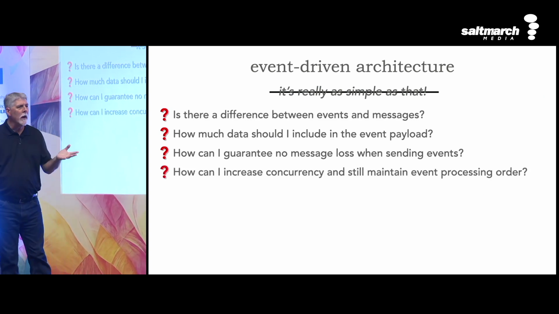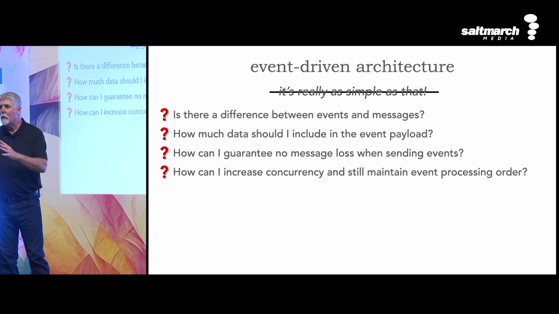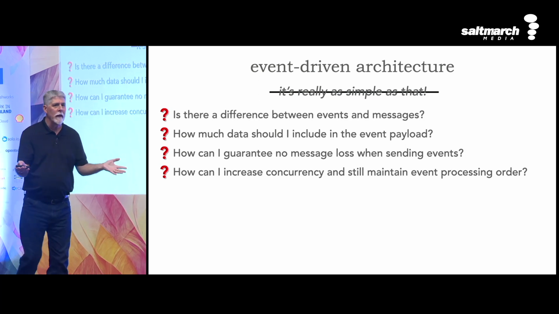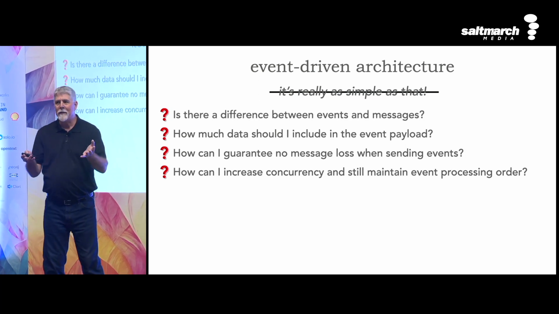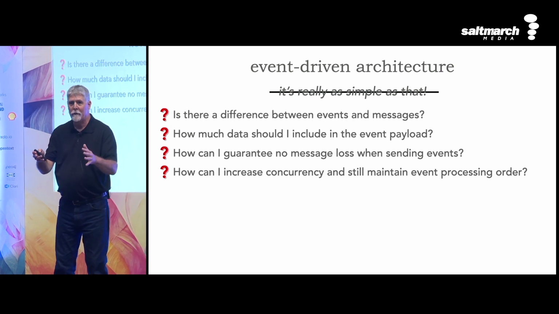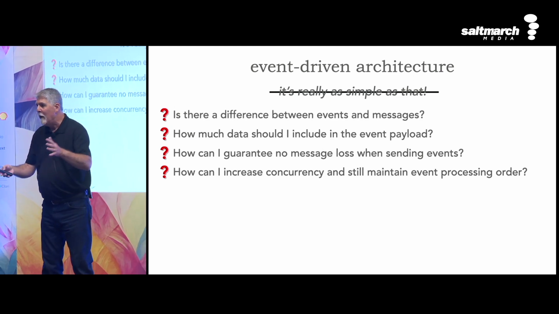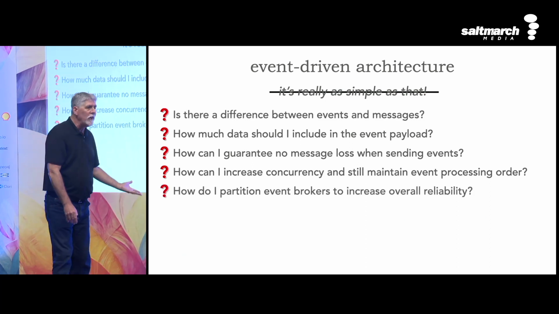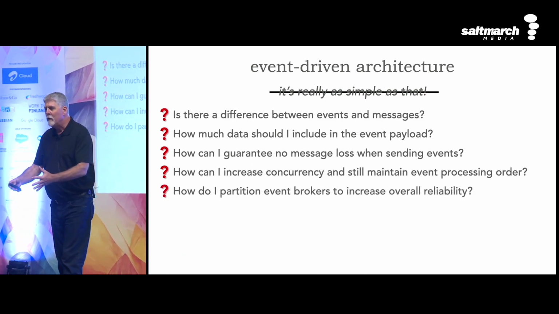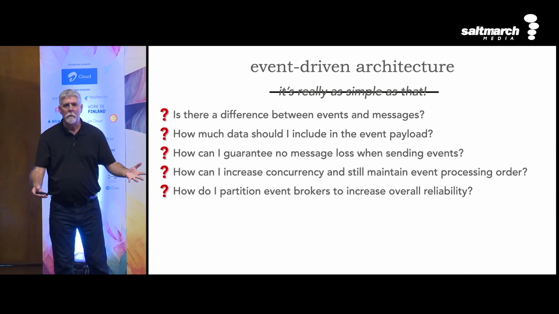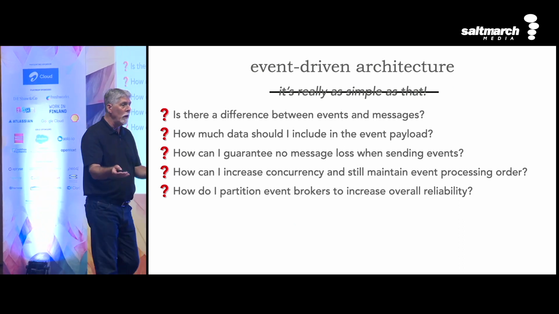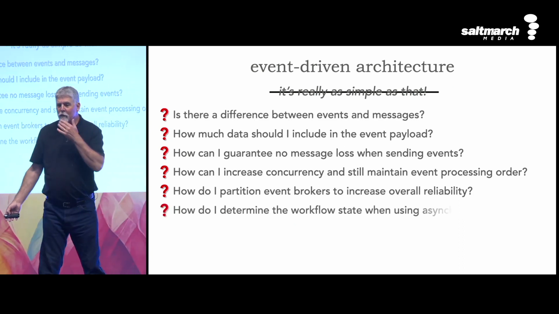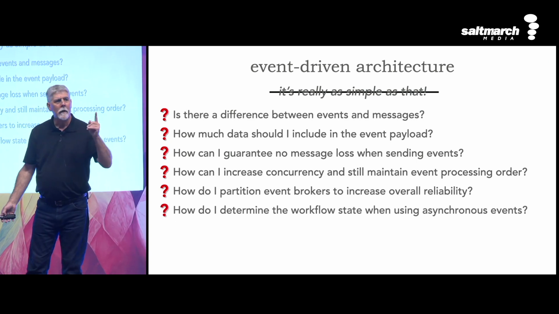But also, how can I increase the overall concurrency of events and still maintain the processing order of events? This is all about event timing. Event A has to happen before event B, for example. How do I partition event brokers to get better reliability in my system? Should I have 1 broker, 2, 3? Where should they go? And also, how do I determine the state of that flow?